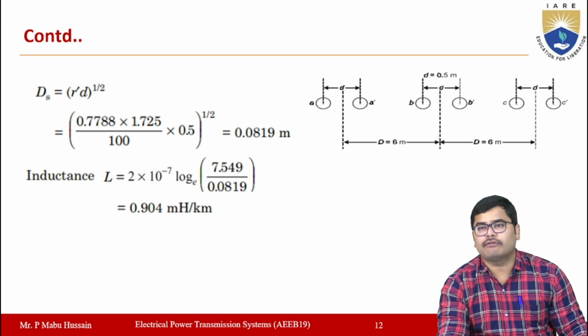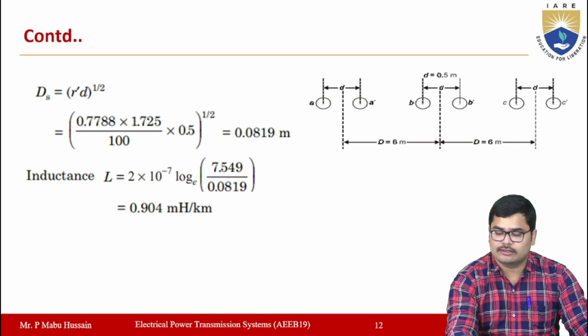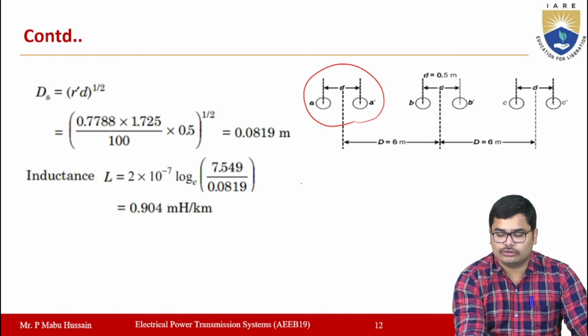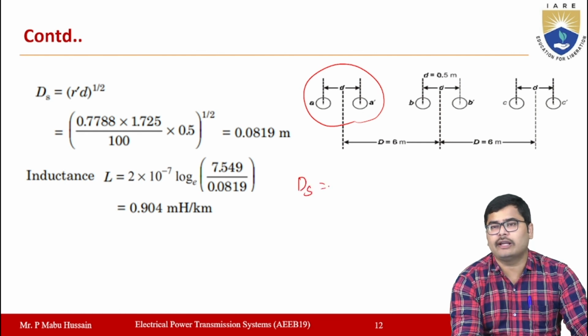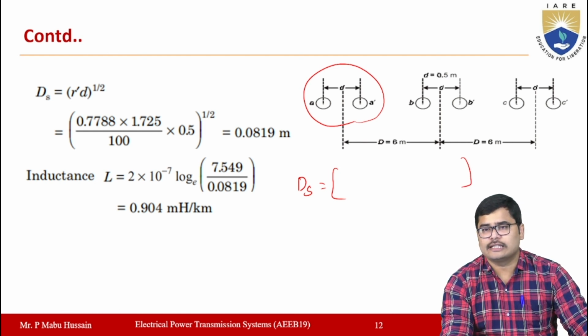Okay, so then the value of DS. So DS here is the self GMD, and this self GMD you have to calculate for each phase. Now if you observe, each phase is having 2 conductors. So while calculating the self GMD, you have to consider all the distances in each phase, right?